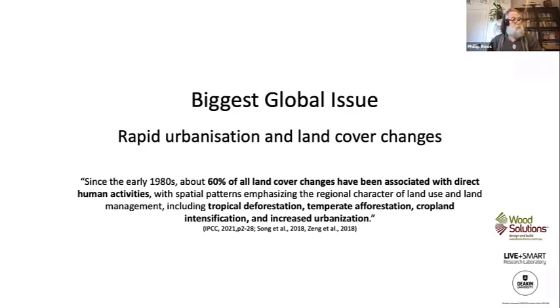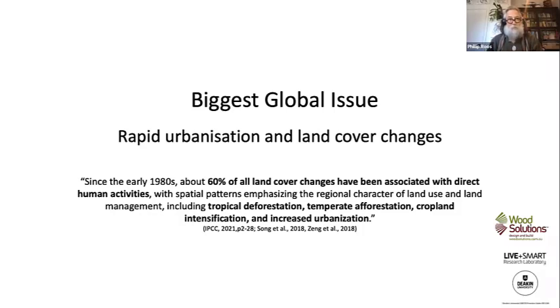It said since the early 1980s, about 60% of all land cover changes have been associated with direct human activities, with spatial patterns emphasizing the regional character of land use and land management, including tropical deforestation, temperate afforestation, cropland intensification, and the increased urbanization. So this is a major problem.